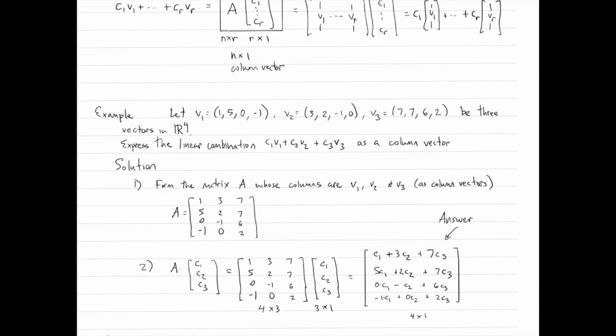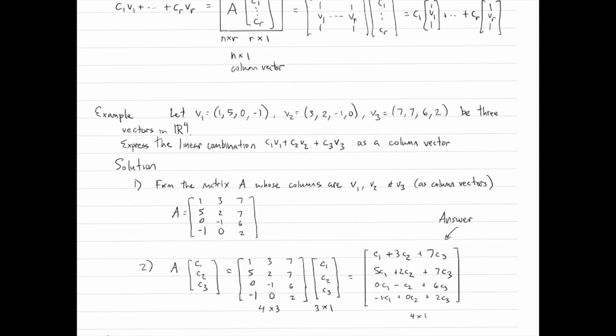Suppose we're given vectors V1, V2, and V3 in R4. So they're given as 4-tuples written horizontally, if you will. And then the exercise is to express the linear combination C1V1, C2V2, and C3V3 as a column vector.